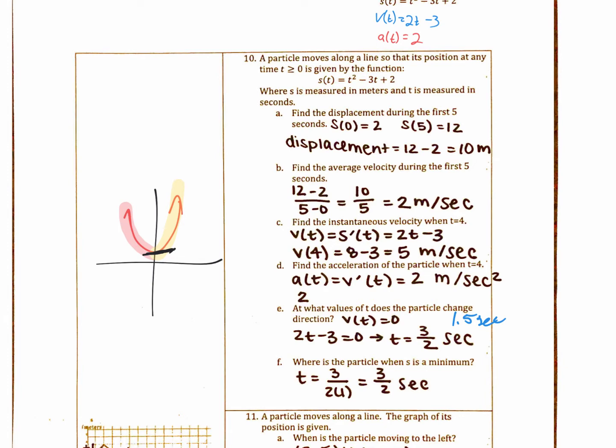Then it says, where is our particle at a minimum? Well, again, we just found the minimum because we have our t value. So it looks like we need to find the position here.